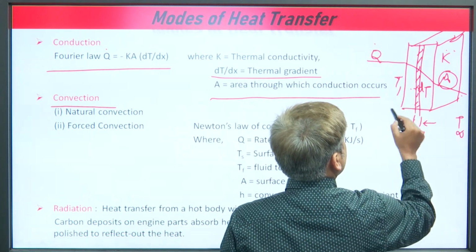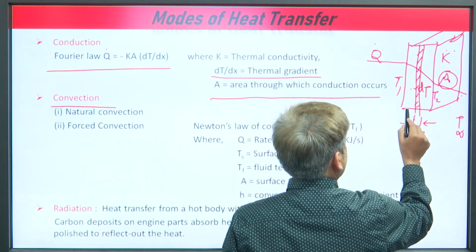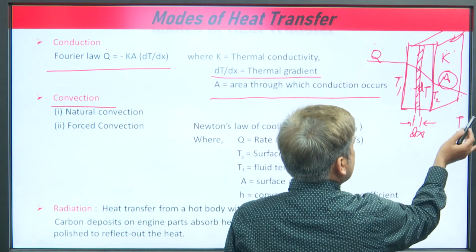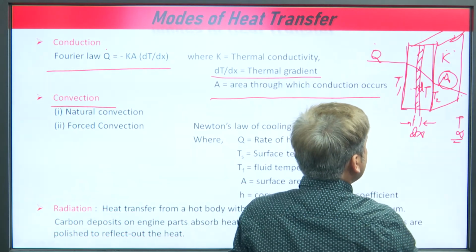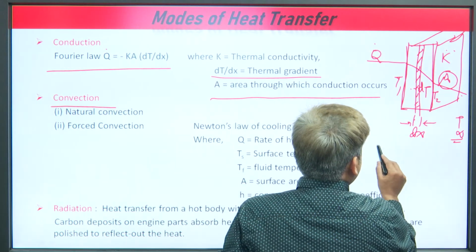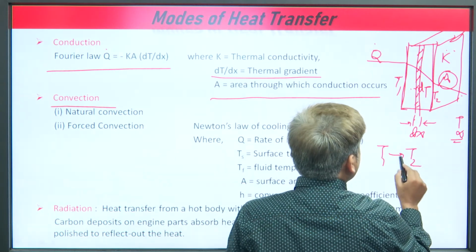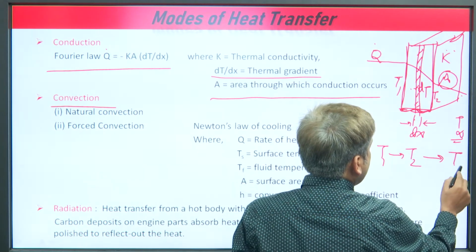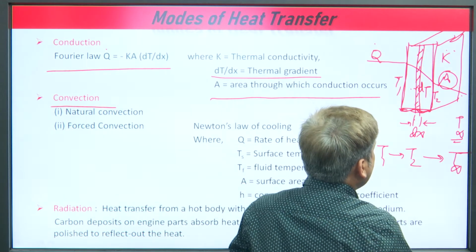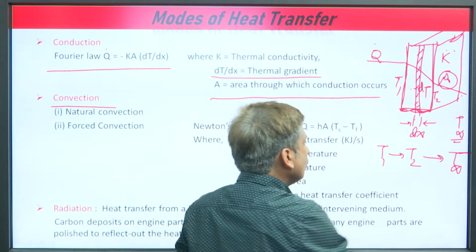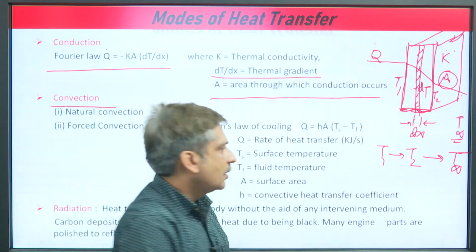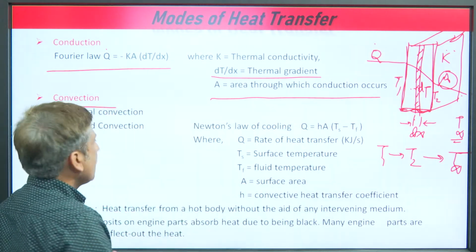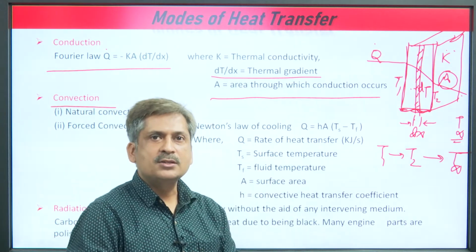At surface 1 the temperature is T1, at surface 2 the temperature is T2, and away from the surface the temperature is T infinity. The temperature drops from T1 to T2 because of the conductive resistance, and from T2 to T infinity because of the convective resistance, and the law governing it is known as Newton's law of cooling.